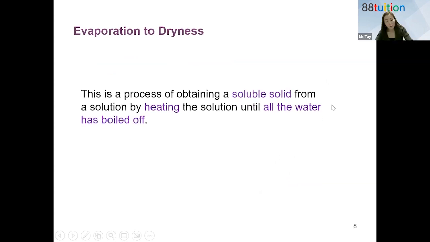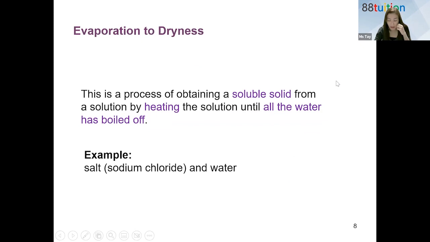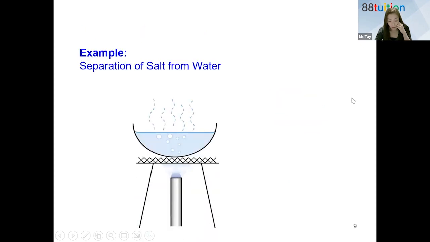Now, we also can get back our solid, for example the soluble solid, by using this method, evaporation to dryness. We heat the solution until all the water is boiled off, or evaporated, and whatever remains behind will be the solid that we want. We talk about salt and water.